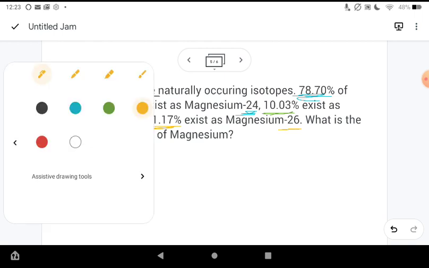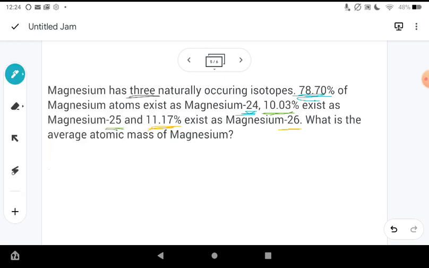I'm going to go about it exactly the same way as I did before. So I'm going to do 78.7 times the mass, which is 24.